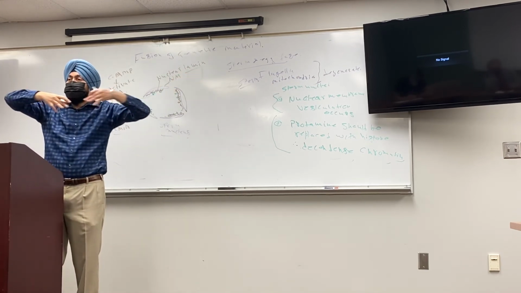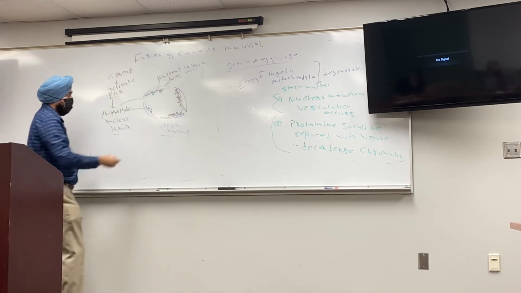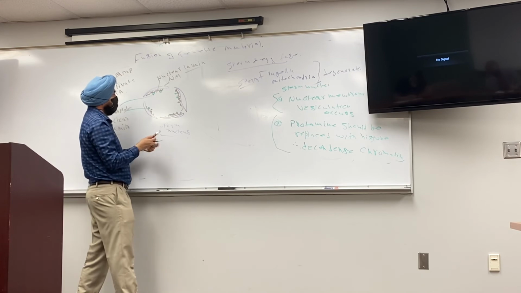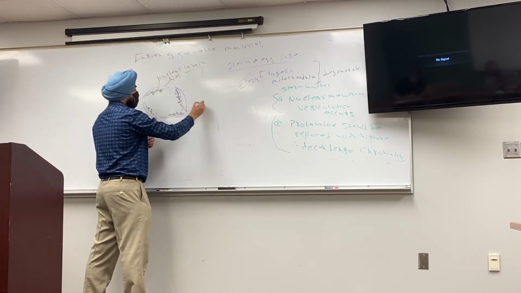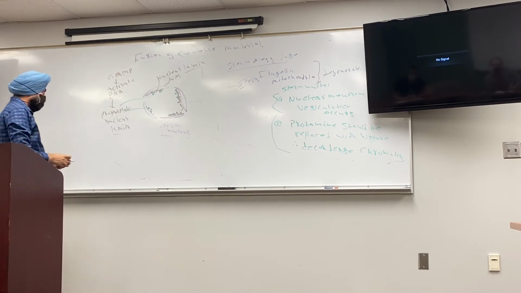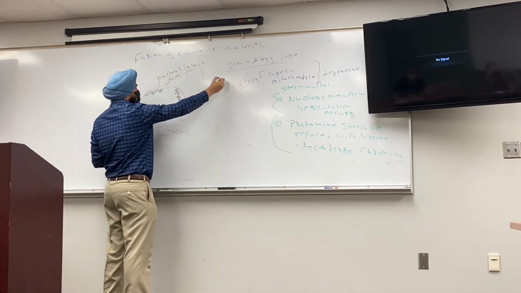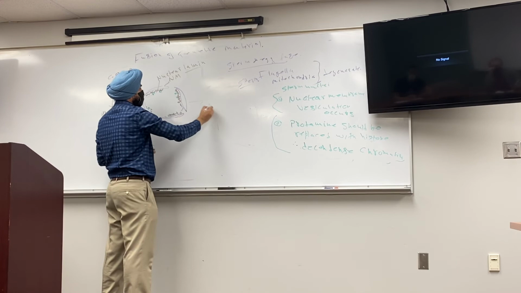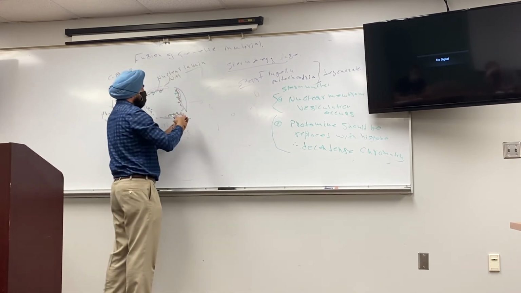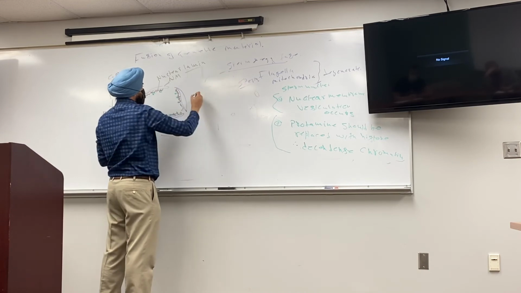Okay? When the lamin disintegrates, what is going to happen? That is going to lead the way, ultimately this nuclear membrane will break down like this, and the lamin will all be removed from here.